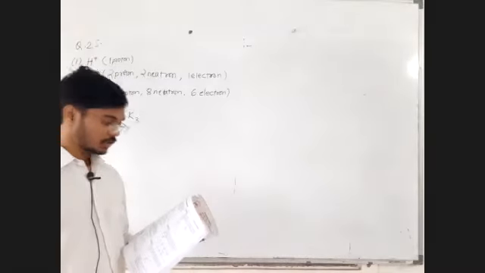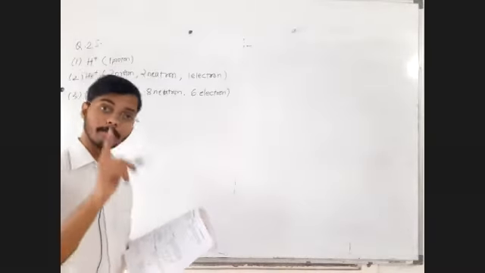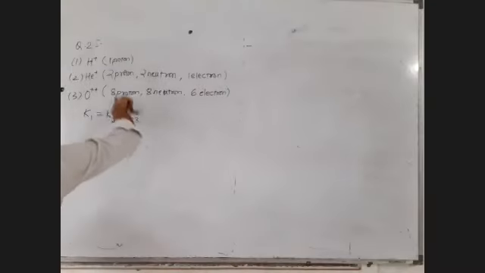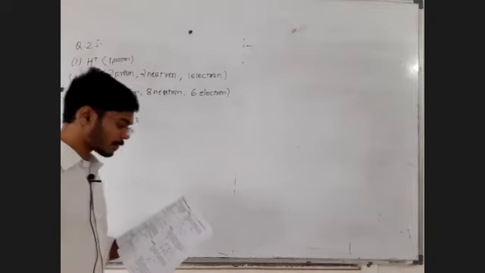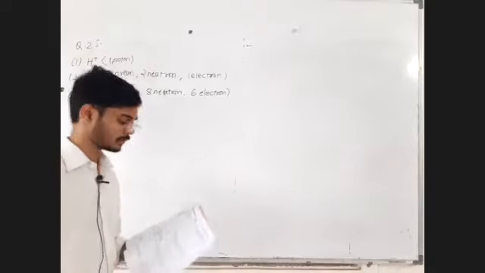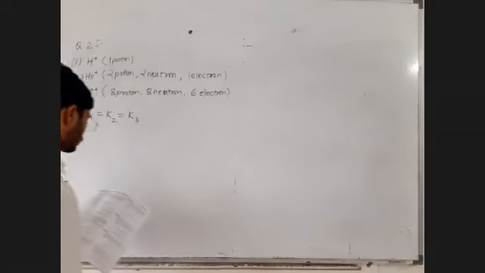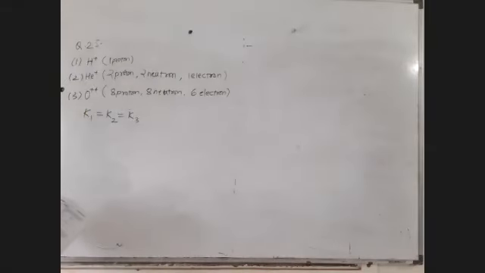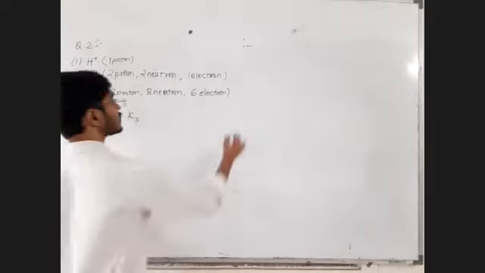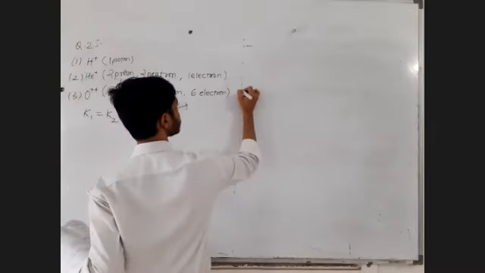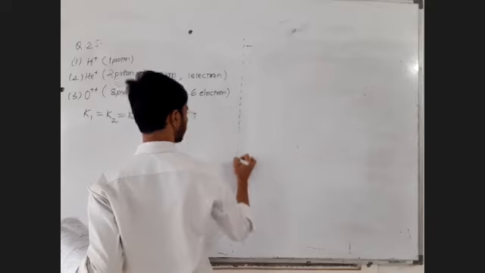They pass through the region in which there is a uniform magnetic field. All of these three pass through a region in which there is a magnetic field perpendicular to their velocity.